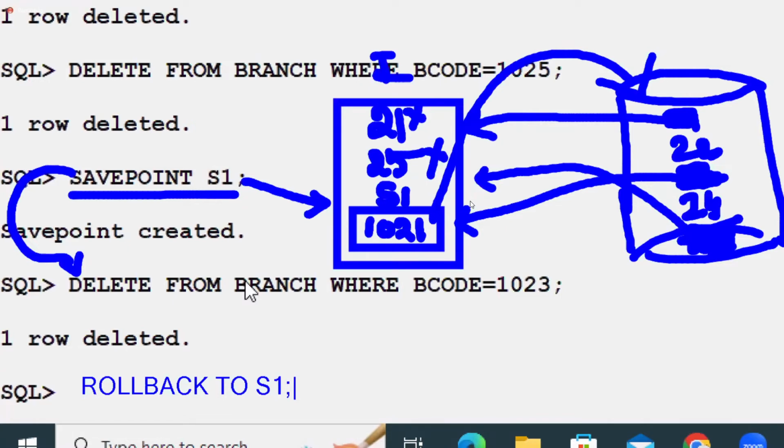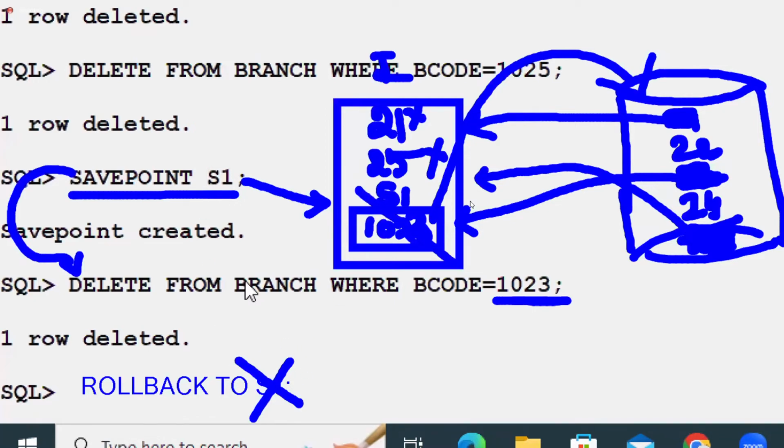Now tell me, in this S1 pointer memory, which record was there? 1023. So the 1023 record is there, and rolling back will cancel S1. The 1023 which I stored under this pointer will be cancelled.